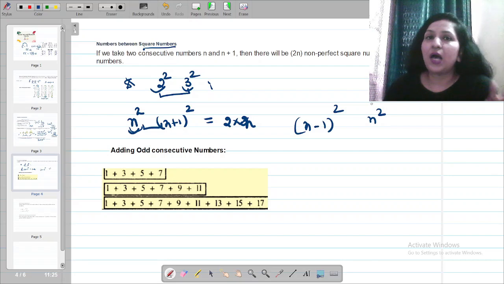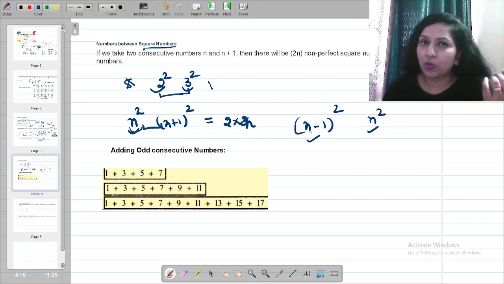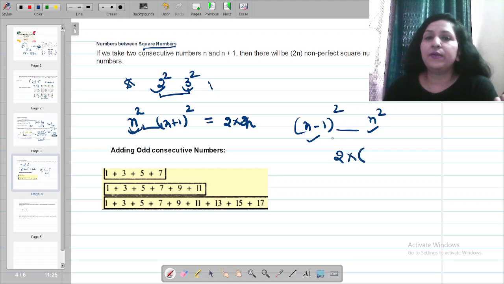Of course, these two are consecutive square numbers. Consecutive means one after the other. So out of n minus 1 and n, which is smaller? It's common sense. If something is subtracted from n, it is a smaller number. So how many non-square numbers are there in between? Twice of the smaller number. And the smaller number is n minus 1 here. That's your answer. So I hope it is understood.